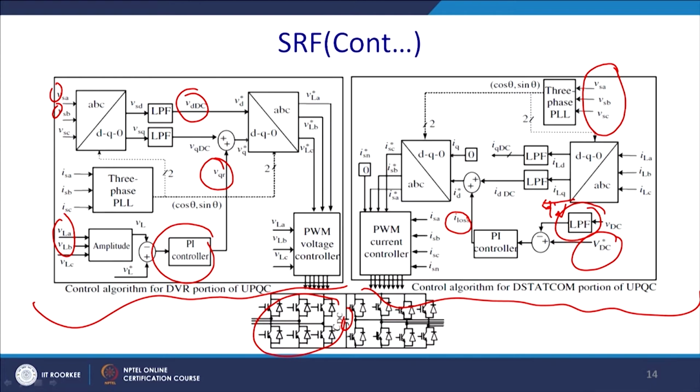Similarly this component I0 will also come here and you will convert from DQ to ABC, and as shown here it is coming as a neutral current, that is ISN, and it will be fed to this PWM block A, B, C. ISN corresponds to this block, the fourth leg, only when the zero sequence current is present, and this will compensate for the DVR. This is the principal operation of the SRF mode.